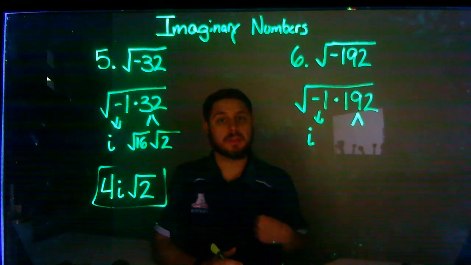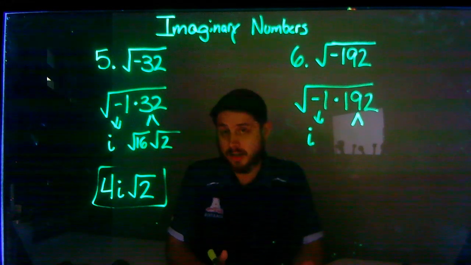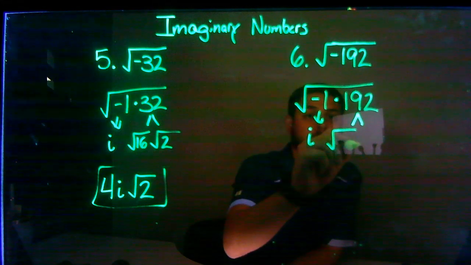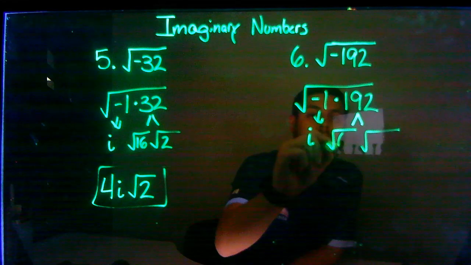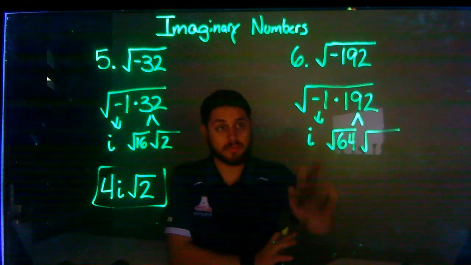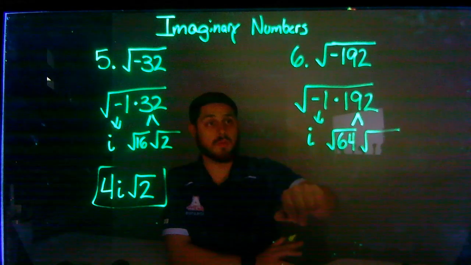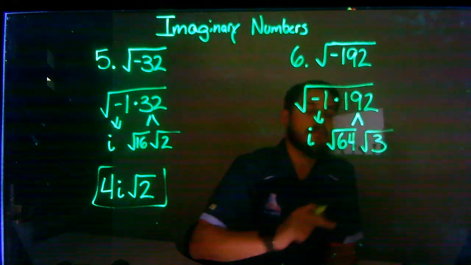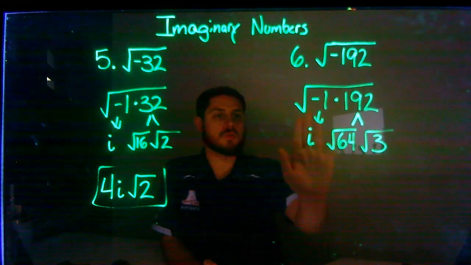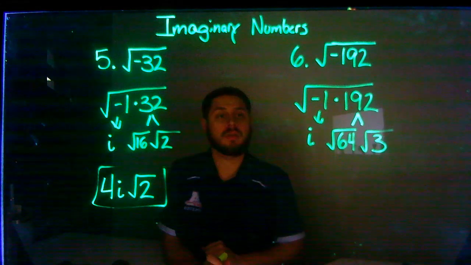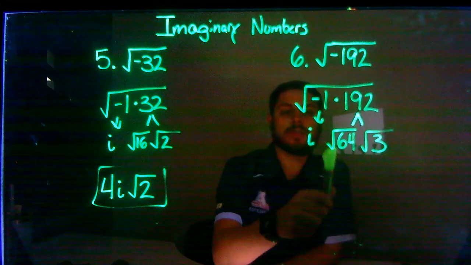dividing in your perfect squares. But in this case, the biggest perfect square that's going to go into 192 is going to be 64. Well, 64 times 3 gets us 192. So square root of 64 times square root of 3 is the square root of 192. Well, this is going to simplify.